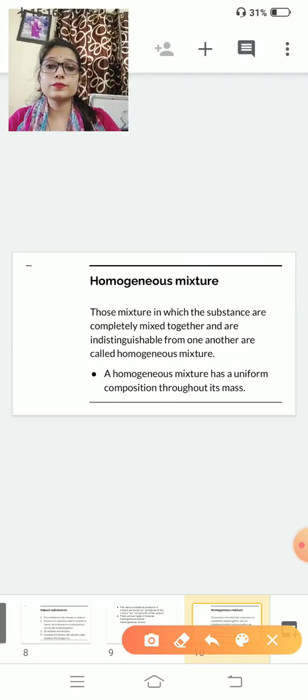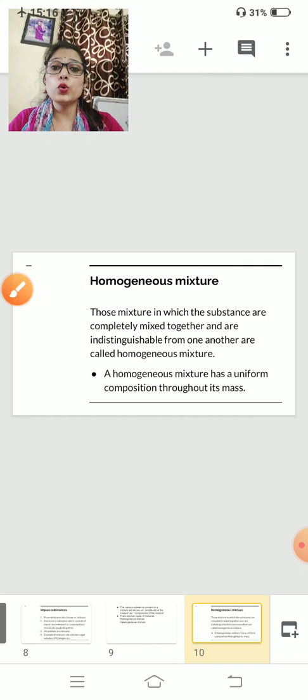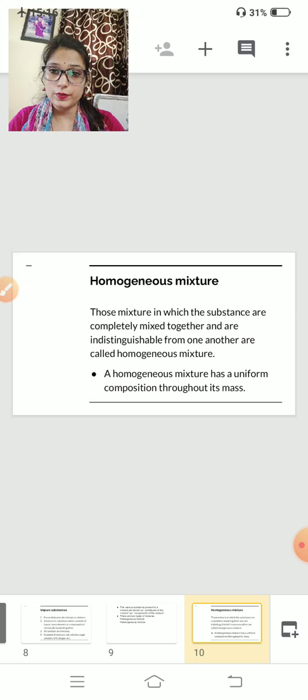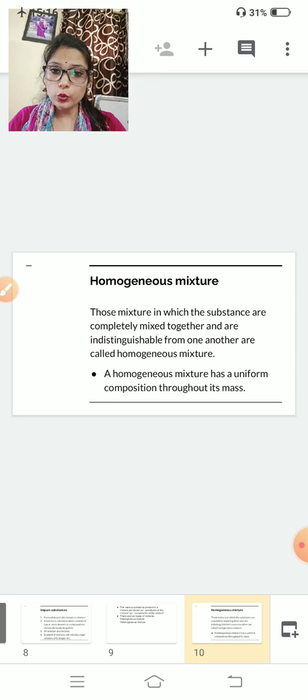Those mixtures in which the substances are completely mixed together and we can't differentiate one from another are called homogeneous mixtures. A homogeneous mixture has uniform composition throughout its mass. That means they are completely mixed with each other.